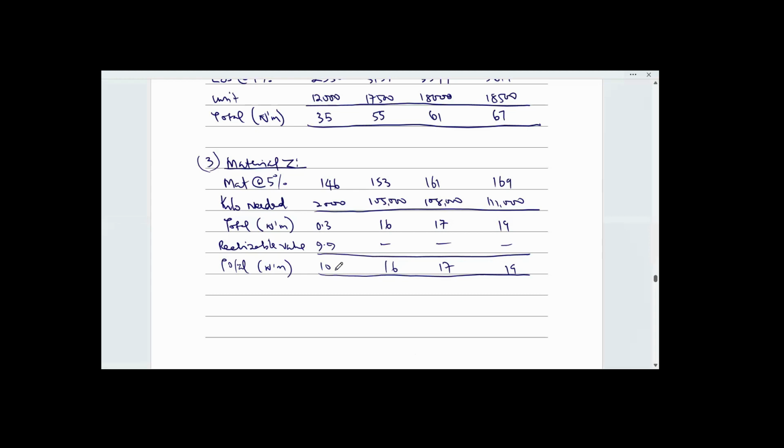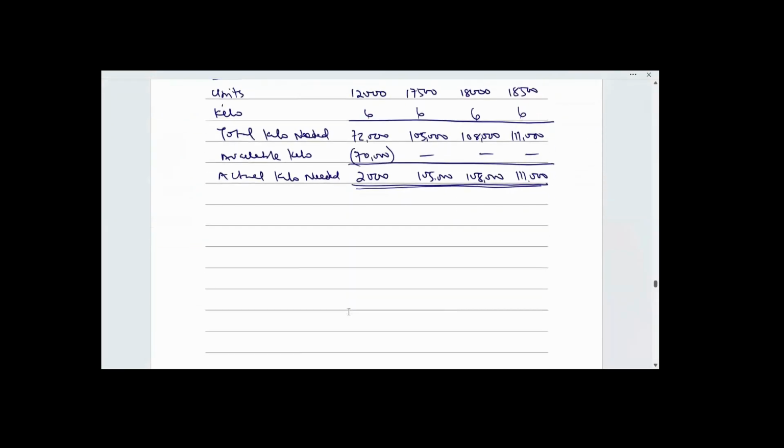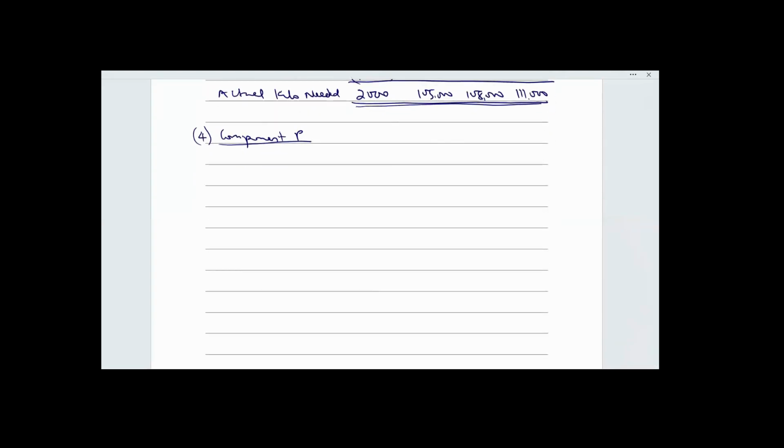The next item is component P. The next working is component P, number 4. So let's go back to the question. What is the examiner saying for component P? We are told that 3 units of component P at 480 naira per unit. So here is equal to 3 units multiplied by 480 naira.